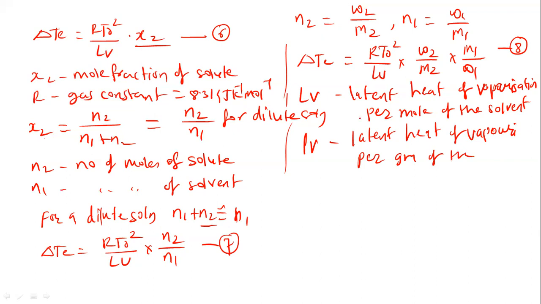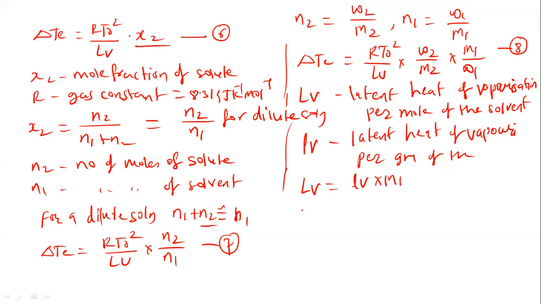Okay. So to convert capital LV into small lv, we can write capital LV equal to small lv multiplied by M1, where M1 is the molecular weight of the solvent.